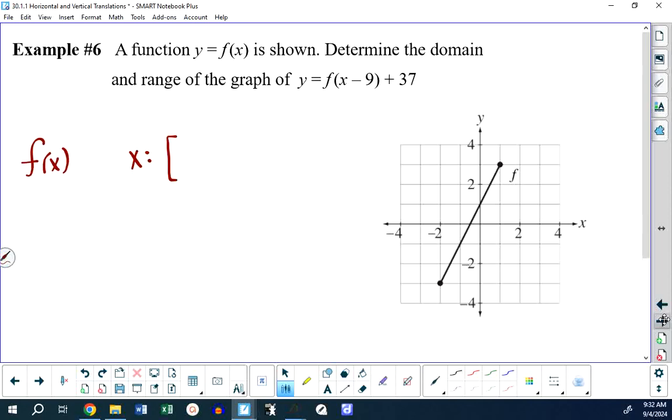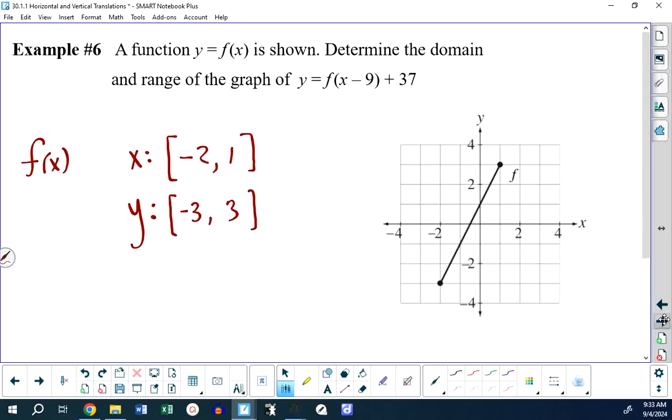So I can write this for the domain and for the range, the minimum value is negative 3. The maximum value is positive 3. Let's see, negative 2 to 1 for x, good. Negative 3 to 3 for y, good. Those are the original domain and range.